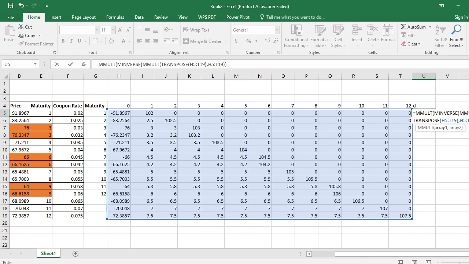Now this closes the first argument. The second argument, m mult transpose. Oh, I'm making a mistake actually here. I should be correcting this afterwards.